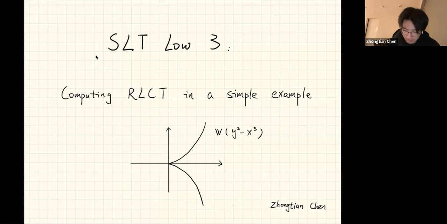I hope at the end of this lecture, you will understand the notions in algebraic geometry involved in SLT, and you're also convinced that computing RLCT is very hard.